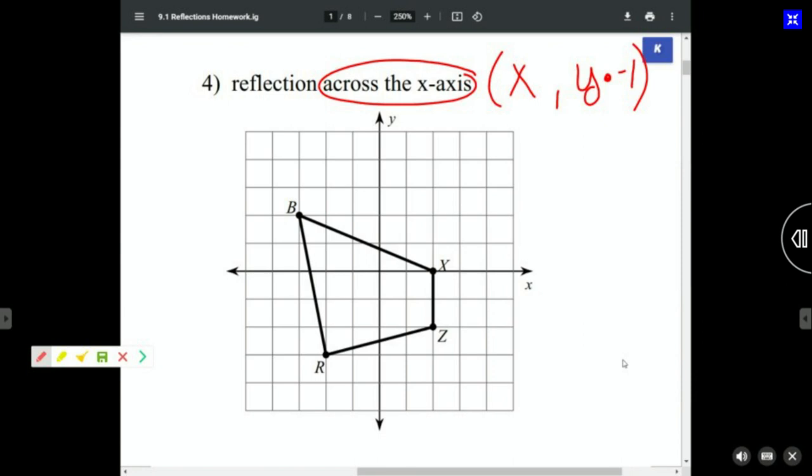So R, come up here. So it's 3 down. Your R prime's going to have to go 3 up. Three down, go 3 up.